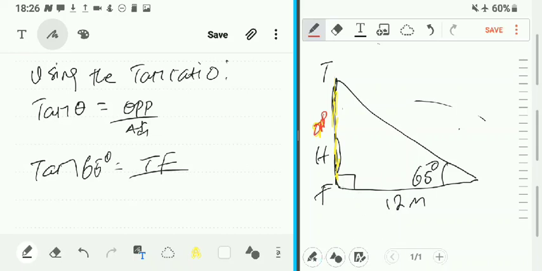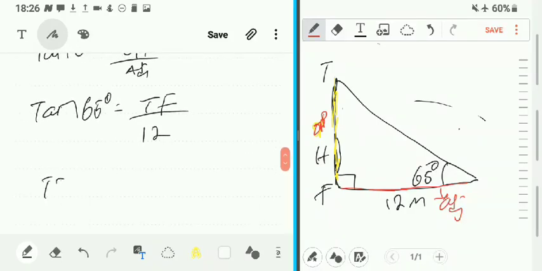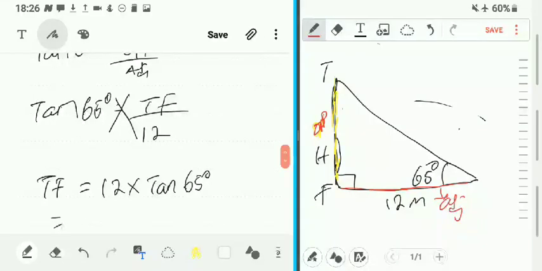This is the adjacent side here. And that is equal to 12 meters. So TF is equal to, you can cross multiply, 12 times tan 65 degrees.